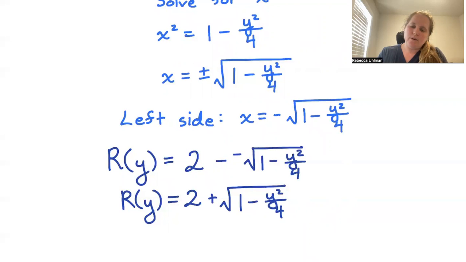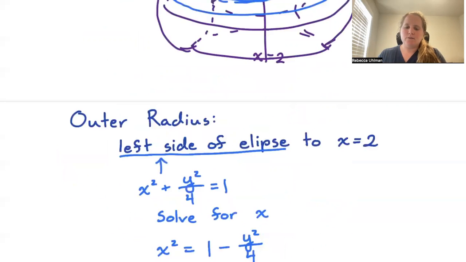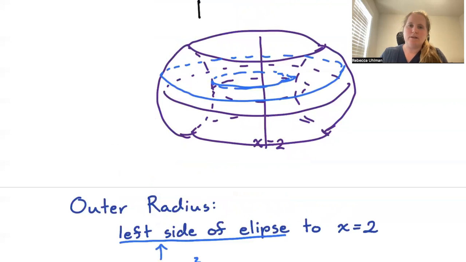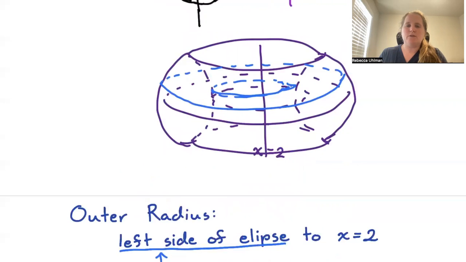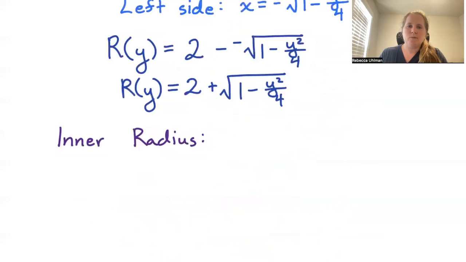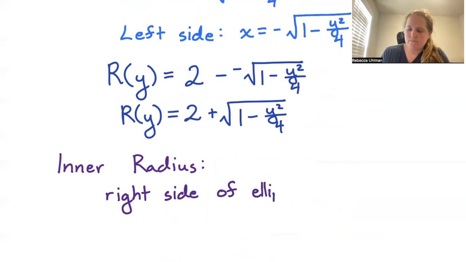For our inner radius, we are running from the right side of the ellipse to x equals 2. So we will go from the right side of the ellipse to x equals 2.